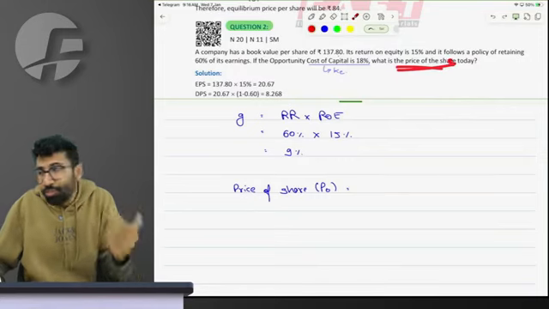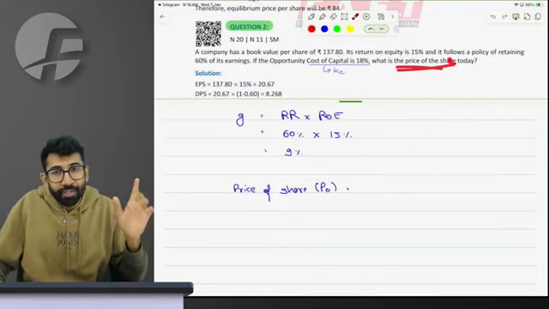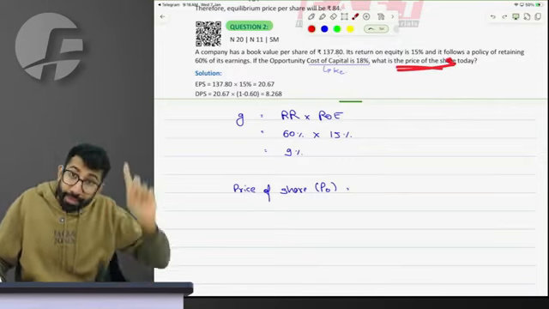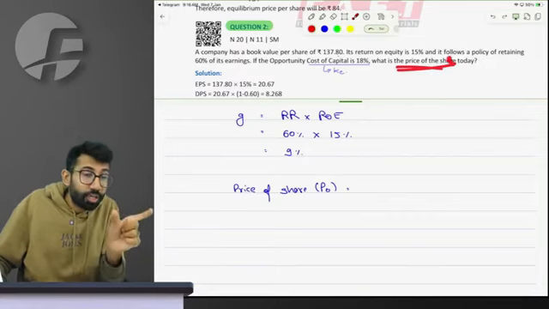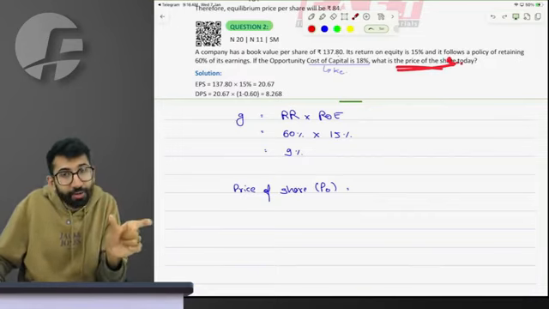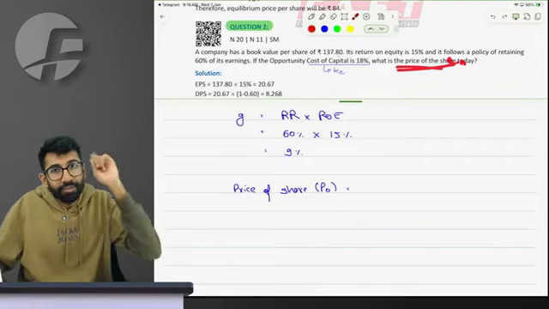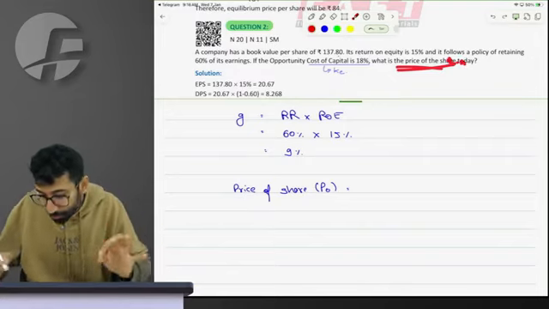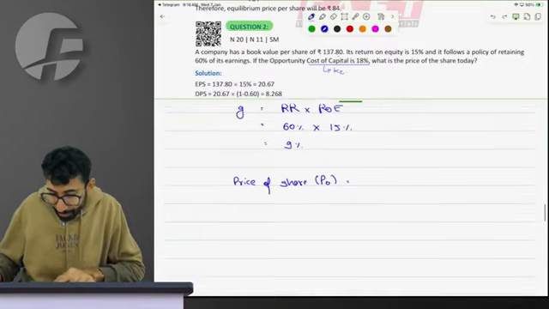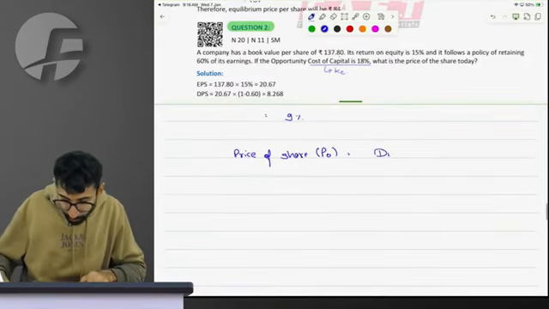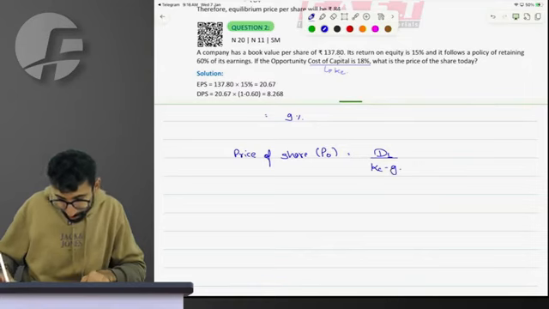But imagine the share to be fairly valued. In that case, can I say the price in the market is the same as what according to us is the intrinsic value? So the two words, intrinsic value and price, can be used interchangeably, which is why it has asked you to calculate price, using Gordon's model, D1 divided by K minus G.